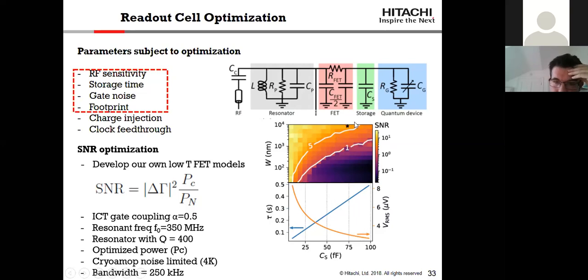So what we find is our measurements are above an SNR of 1 for a bandwidth of 250 kilohertz, so for microseconds readout time.